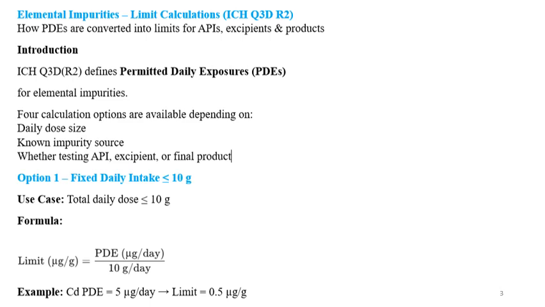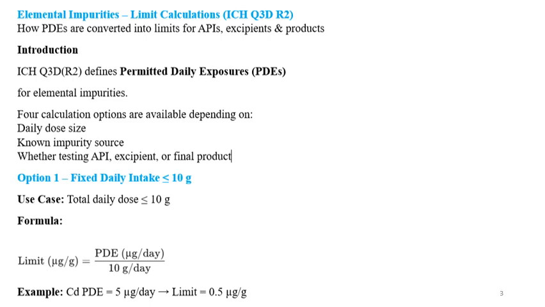Elemental impurities limit calculations are done as per the ICH Q3D guideline. So how PDEs are converted into the limits for APIs, excipients and products, that we will learn. ICH Q3D guideline defines the permitted daily exposures for the elemental impurities.